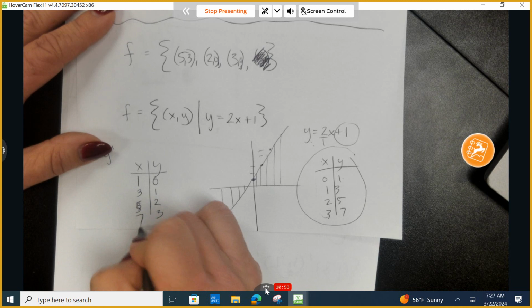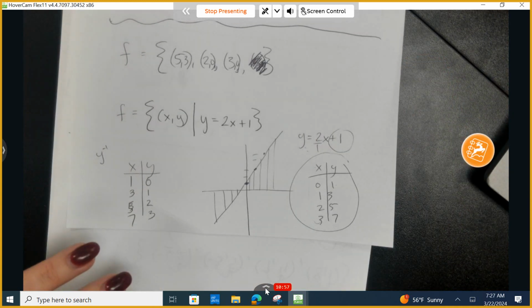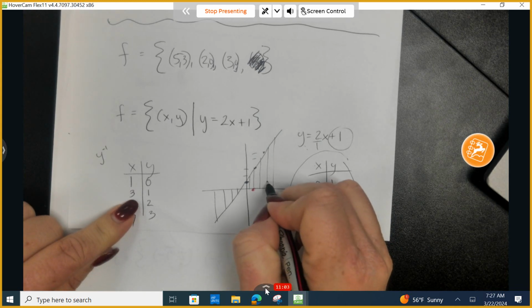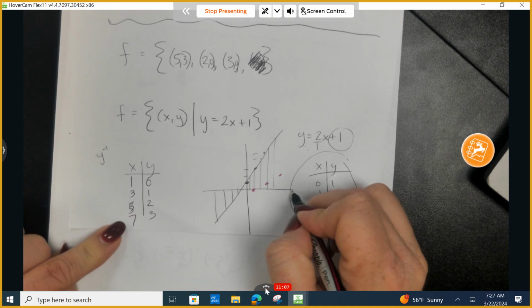And in doing so, when you graph it, so if I graph this, and then now I'm going to take a different color and graph the inverse. So here we go: 1, 0, 3, 1, 5, 2, 7, 3.